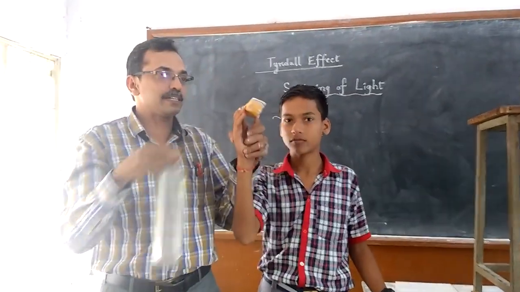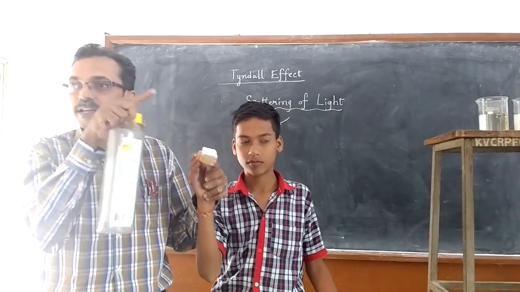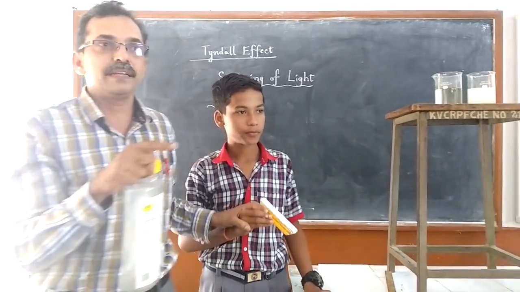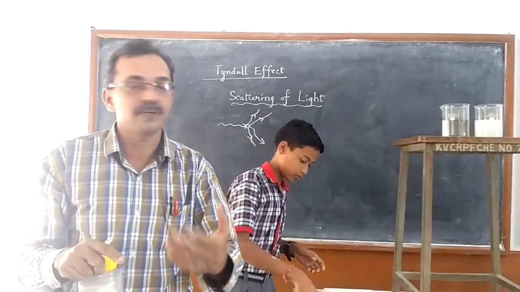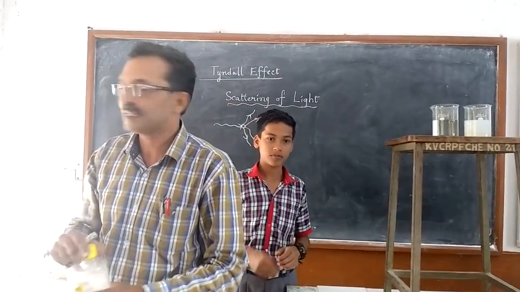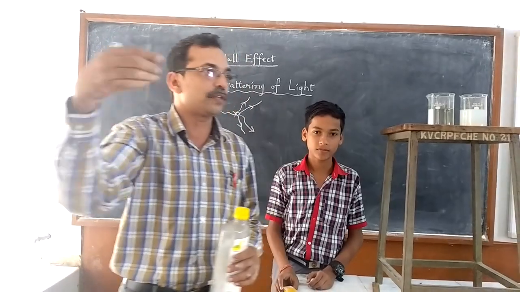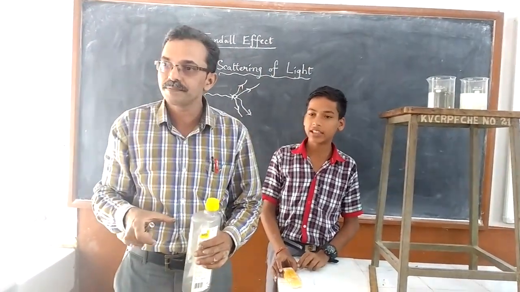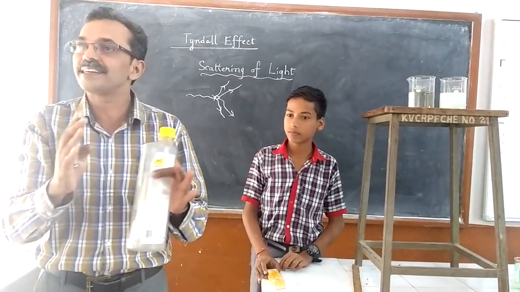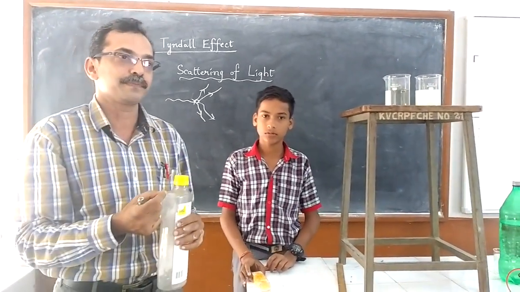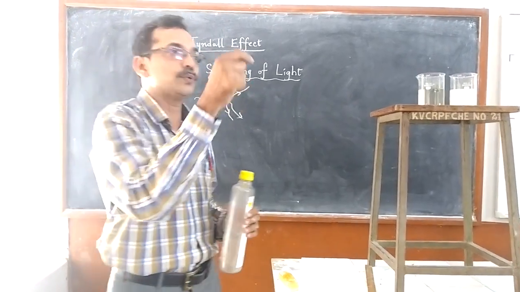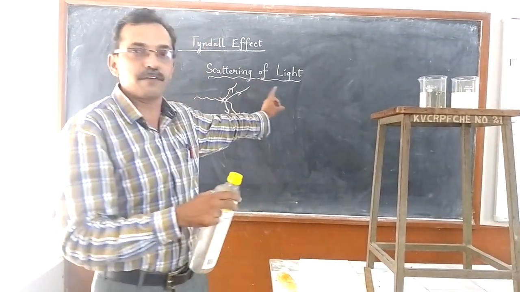And here, because of this dust, you can see the path of the light. Similarly, in the house, in the morning or evening, when sunlight falls through the window, can you see the path of the beam of light? Even in that you can see the dust particles. So with these activities, now I am going to introduce scattering of light.